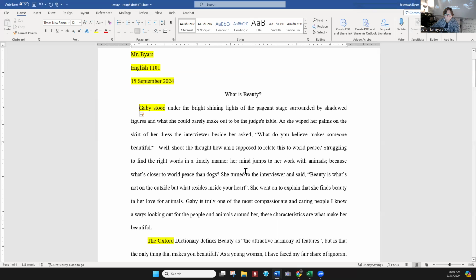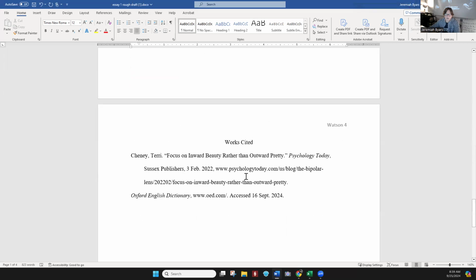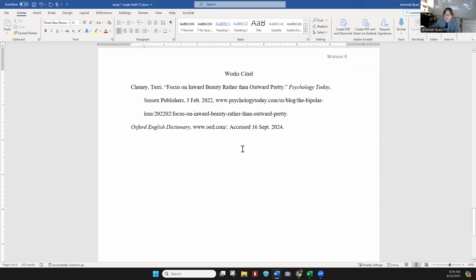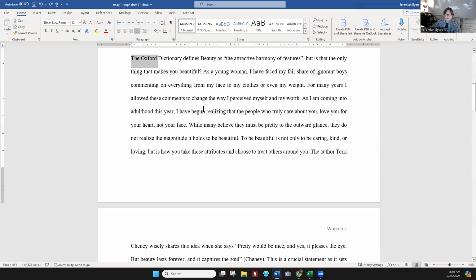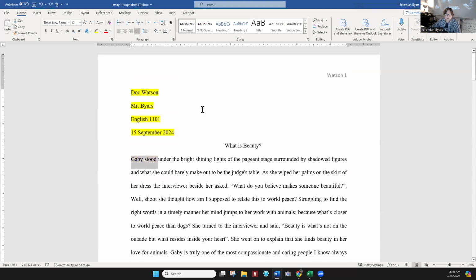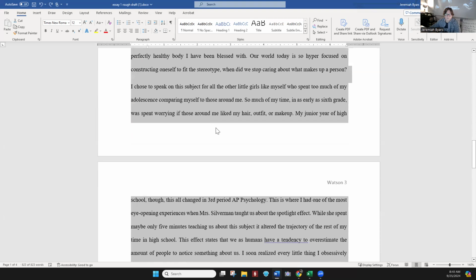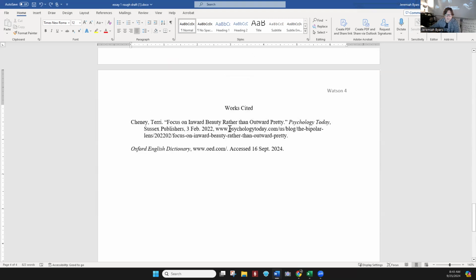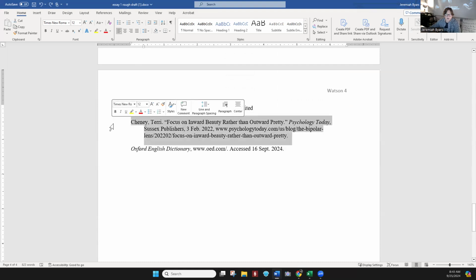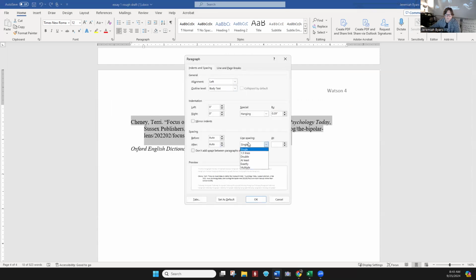Okay. Then while I'm down here, I might as well look at the works cited page. This actually wasn't originally, hold on, let me take all this back. Originally, this was not double spaced. So this would be an error, because this is supposed to be double.